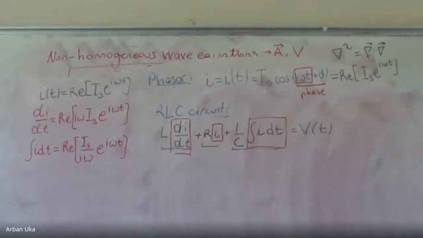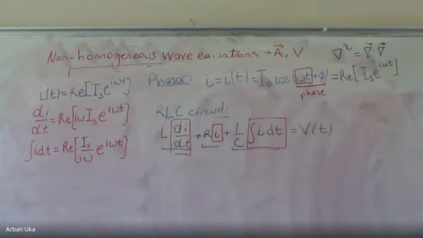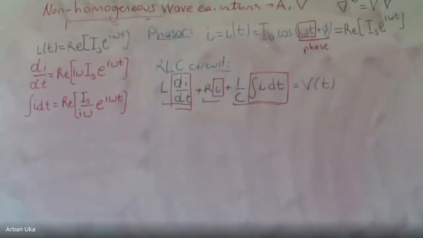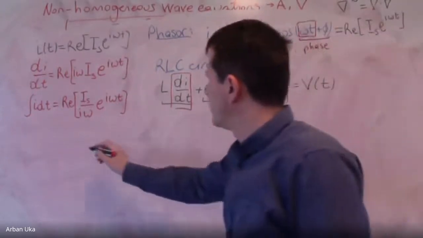So we substitute all of these three terms in this RLC circuit equation. If we substitute them, finally we're going to get the following.